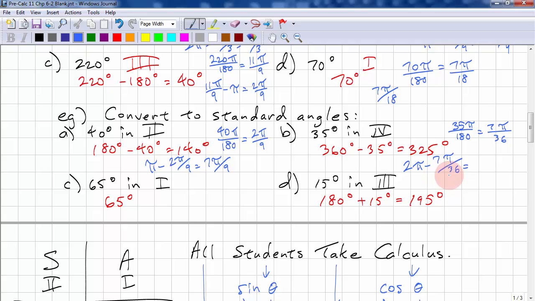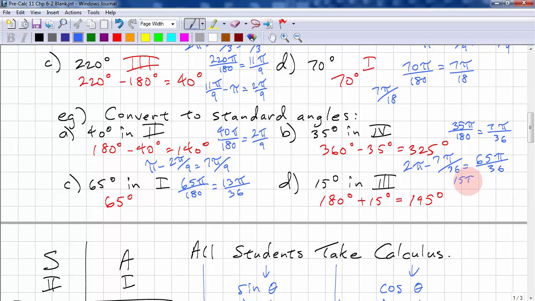We have to have a common denominator, so 2 times 36 is 72. 72 minus 7 is 65 pi over 36. 65 pi over 180. This simplifies to 13 pi over 36. And in quadrant 1, we don't do anything. That's our answer.